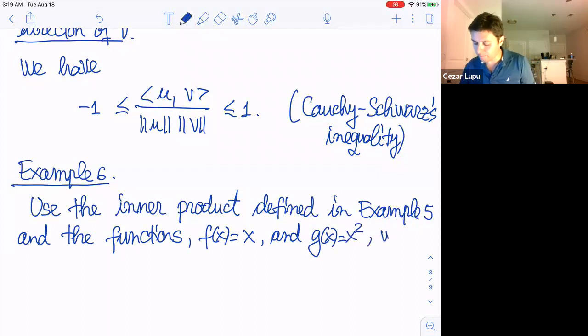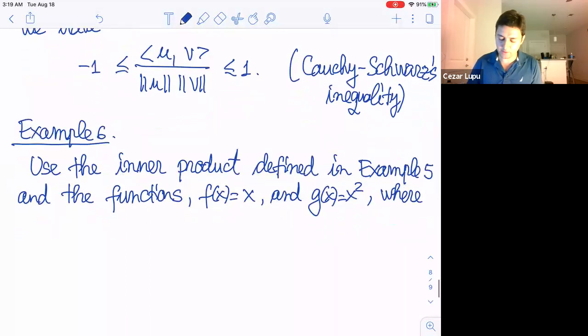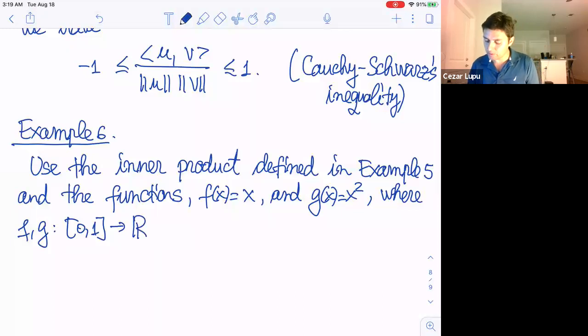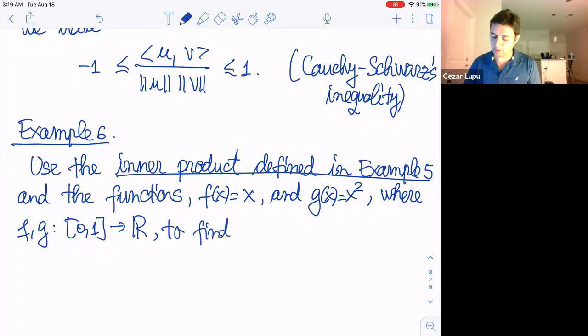And both of these functions, f and g, are defined on the closed and bounded interval 0, 1 and are real valued functions. So we want to use this inner product defined in example number 5 and these functions to find the following quantities.